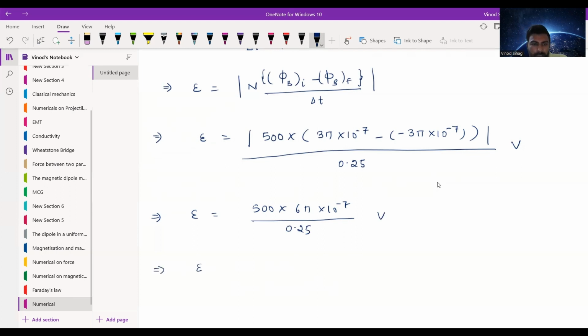After the final calculation, its value is 3.8 into 10 raised to the power minus 3 volts. So this will be the value of the induced EMF.